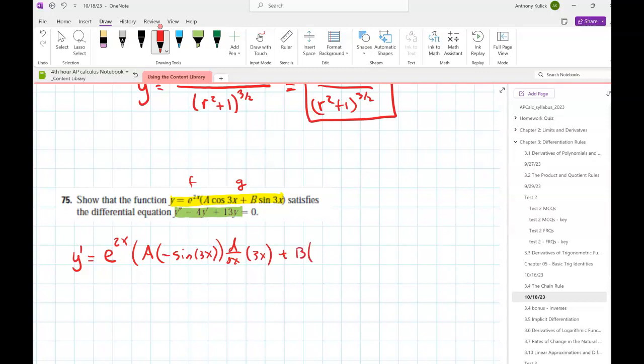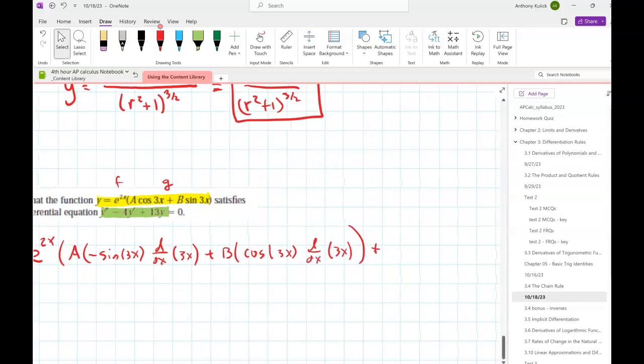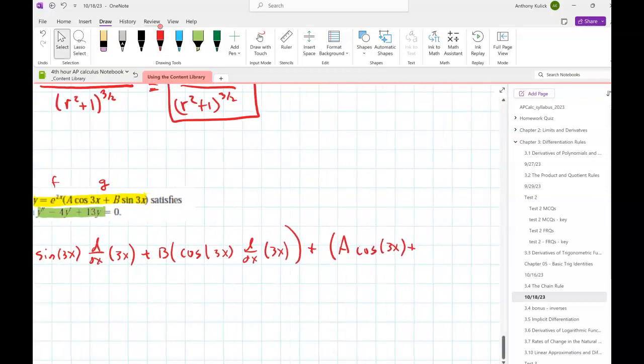And then we'll do the same thing here. So it's going to be b cosine 3x times the derivative of 3x, plus, I have a cosine 3x plus b sine 3x.